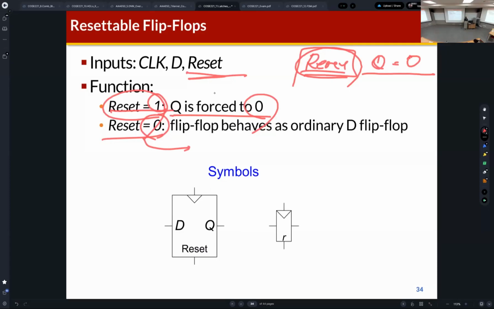So actually, in the system, we use this resettable flip-flop. Reset is very important in a digital system. It is because sometimes we turn off our electric devices, right?